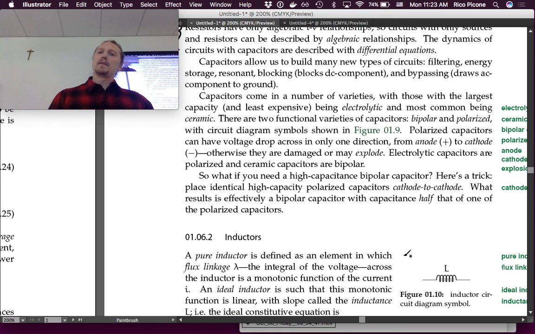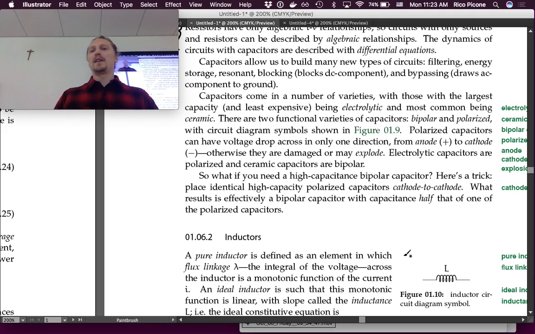There are different types of capacitors we're familiar with, bipolar versus polarized. In lab, you did an RLC circuit, and you saw that second order response with the resonance that emerged in it, which is pretty cool.